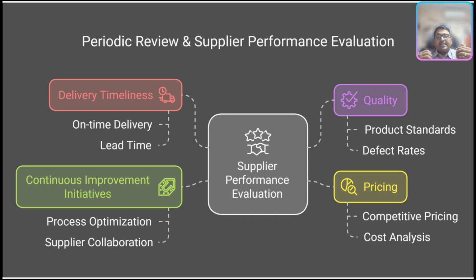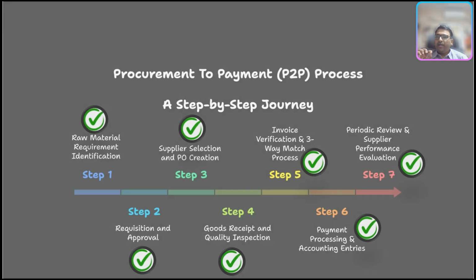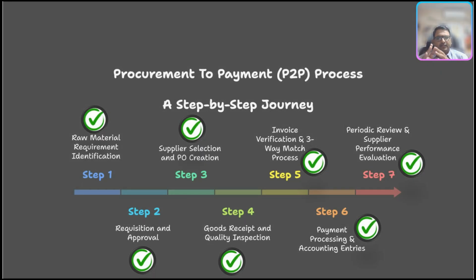There is also a supplier reconciliation, meaning accounts reconciliation, that needs to be performed to identify if there are any anomalies. With this, we have covered the key steps in the procurement to payment process specific to a manufacturing industry.